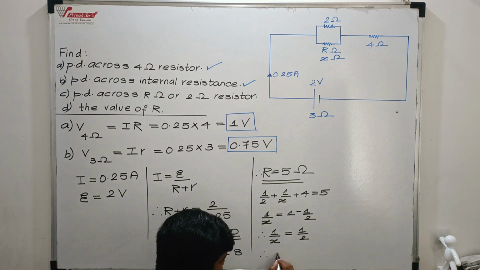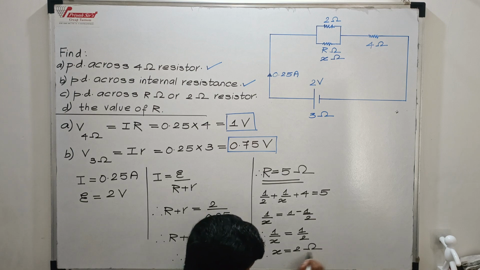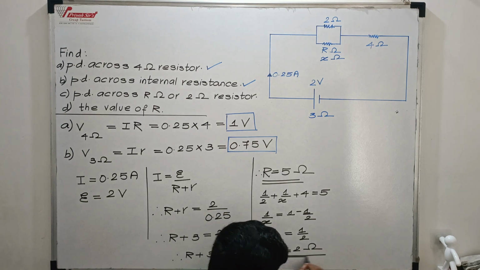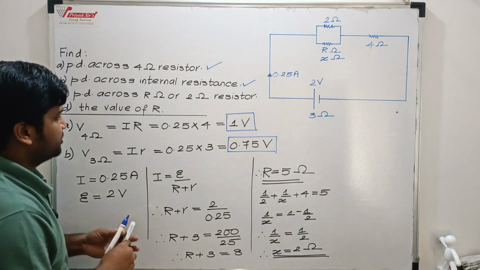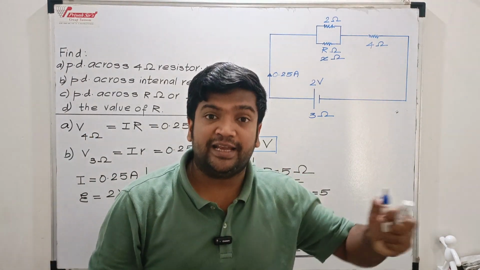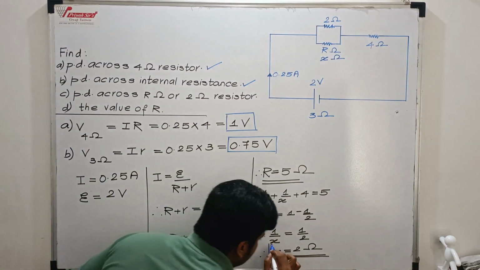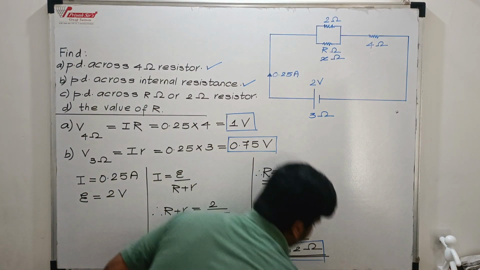So if I take the reciprocal, I'll have x is equal to 2 ohms. Fine beta. So the value of R, which I had considered as x ohms, now I got the answer as 2. So I'll just put this in a box.